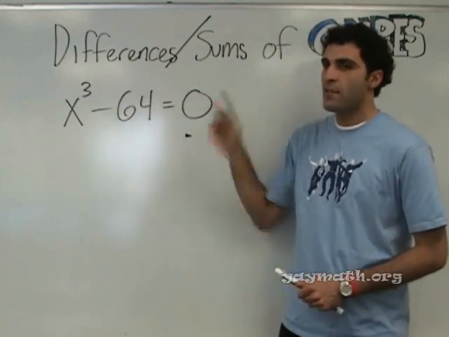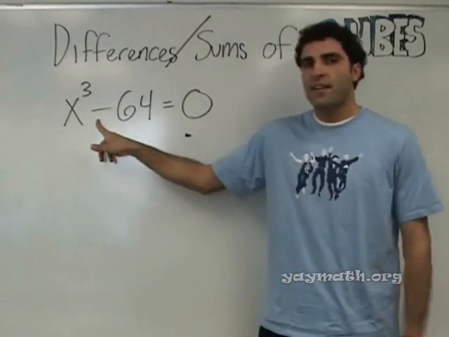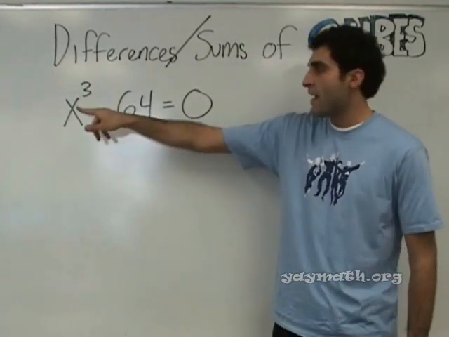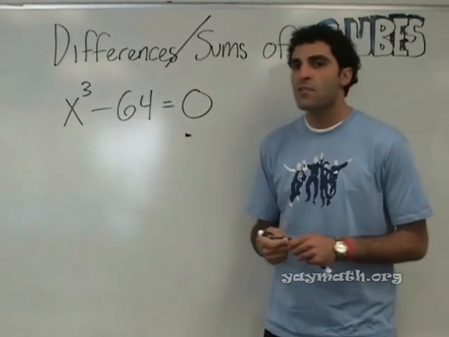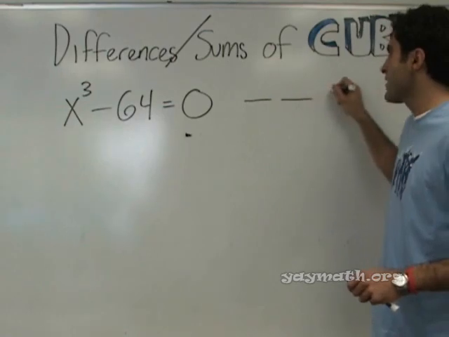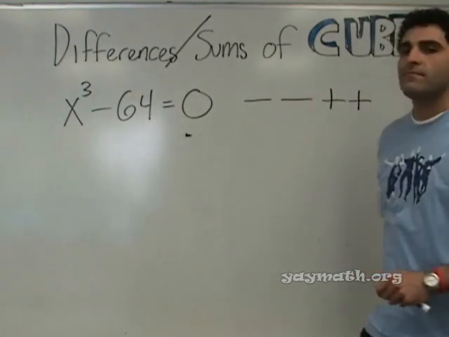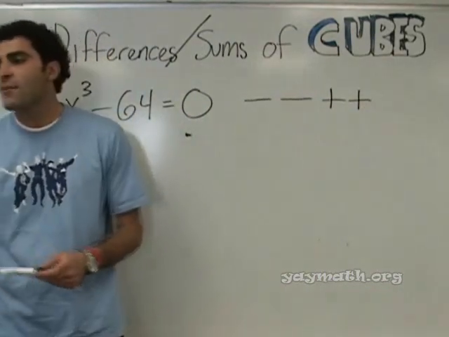And I'm going to teach you how to do the other 2. Here's how it works. If you identify a difference of cubes, you need to come up with the following mnemonic device. And that is minus, minus, plus, plus. Write it down. Minus, minus, plus, plus. Stay with this, guys, please.